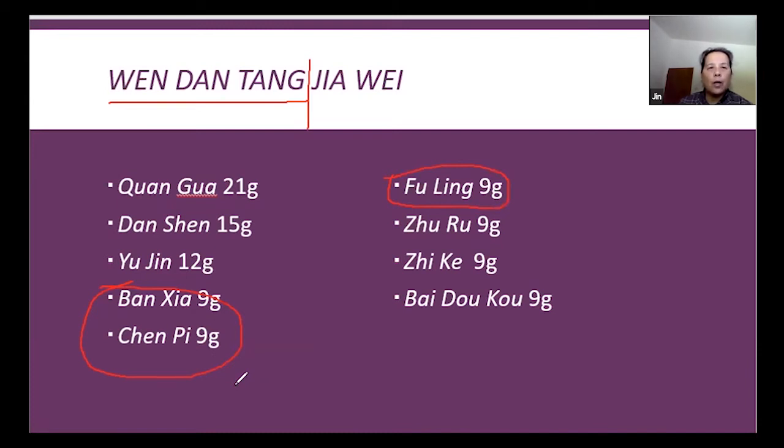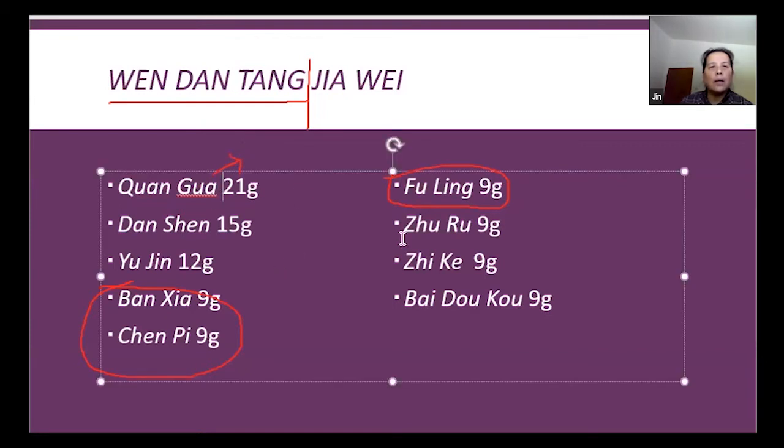We can use it for a lot of conditions. And 全瓜蒌, sometimes we call it 瓜蒌, is added here.